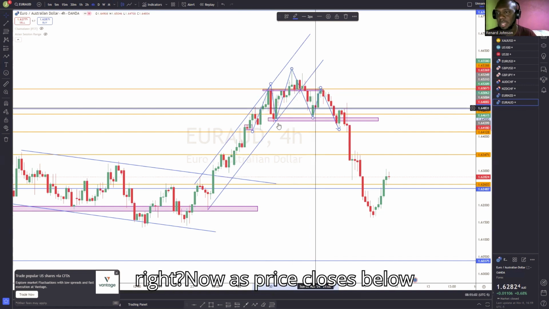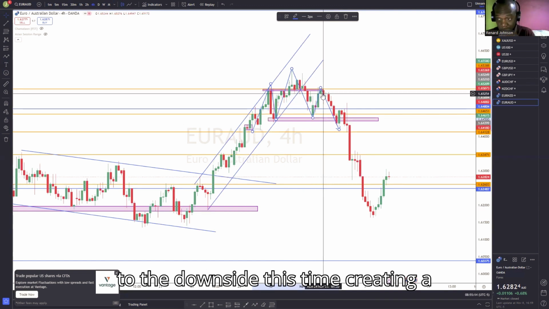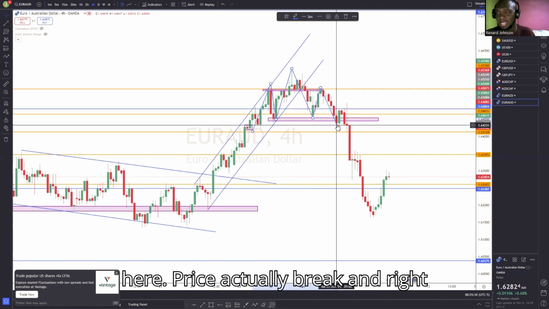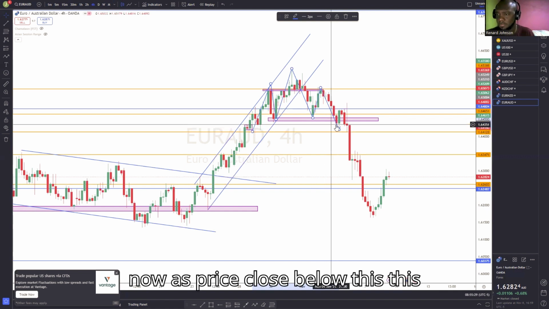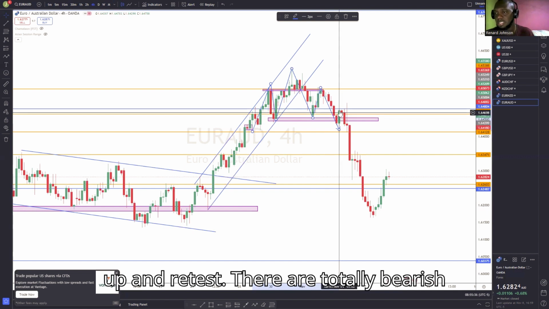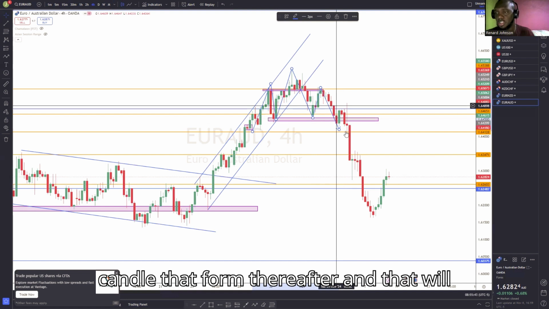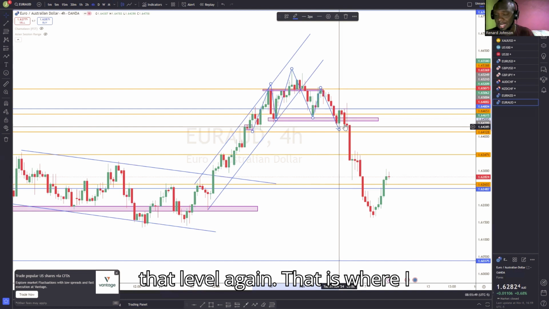Then price closes below and gives us a bounce off that level to the downside this time, creating a bearish engulfing pattern right here. Price actually breaks, and as price closes below this neckline, we have this one candlestick. Upon the retest, there are two bearish candles that form thereafter, and that represents the strength of the bears to push below that level again.